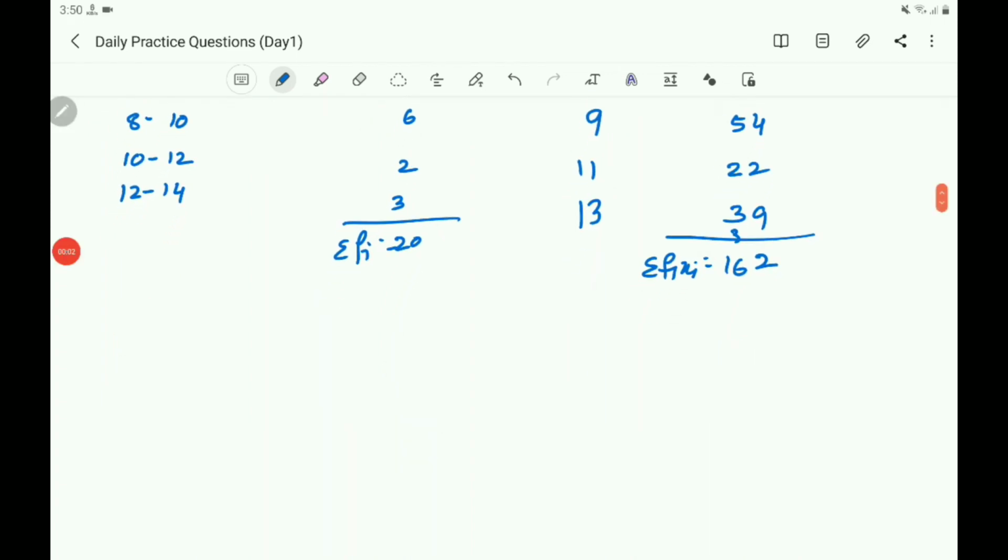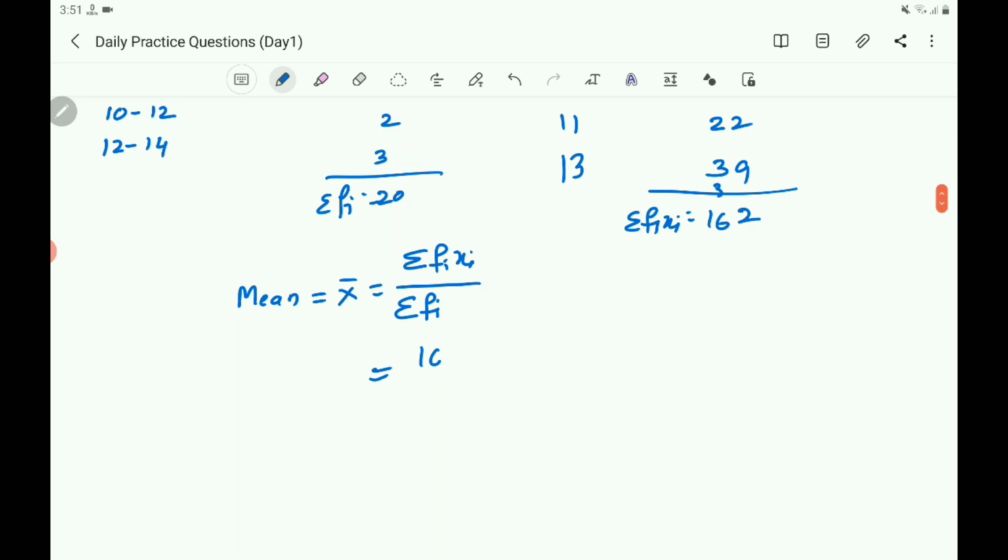Then you write the formula for the mean. By the direct method, mean, x bar, equals summation of fi xi divided by summation of fi. Then summation of fi xi is 162, divided by 20.